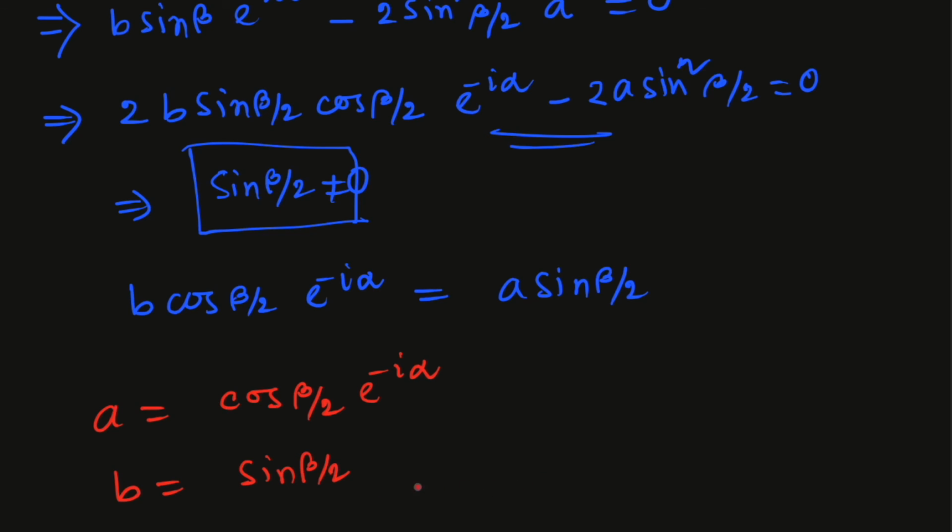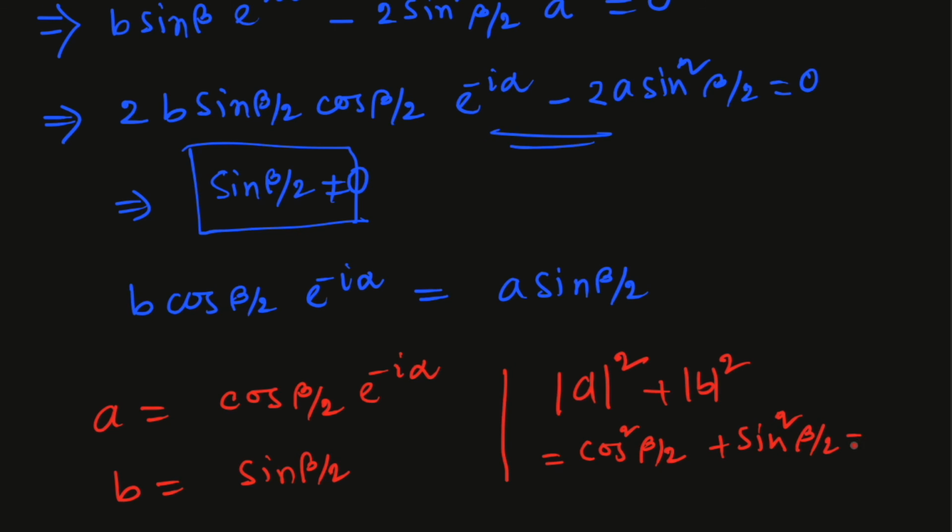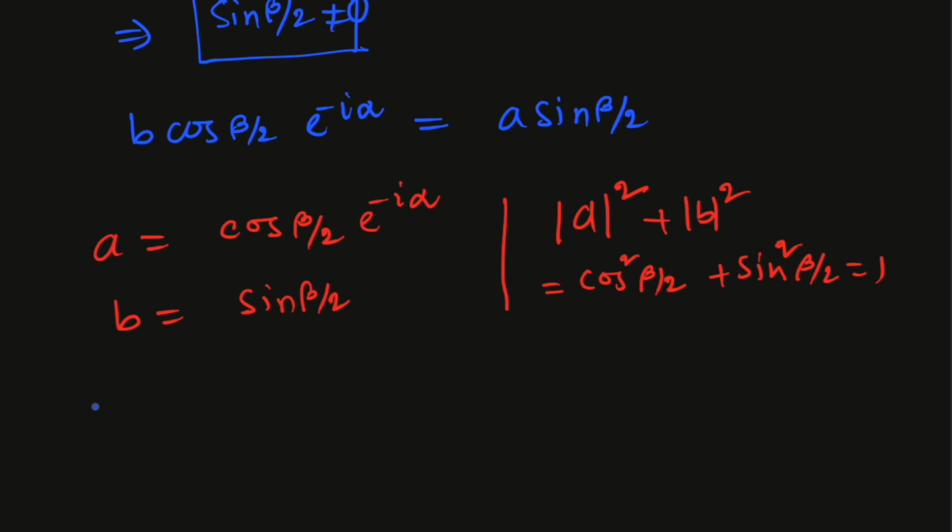These also satisfy the normalization condition, mod a square plus mod b square, which is cos square beta by 2 plus sin square beta by 2 equal to 1.